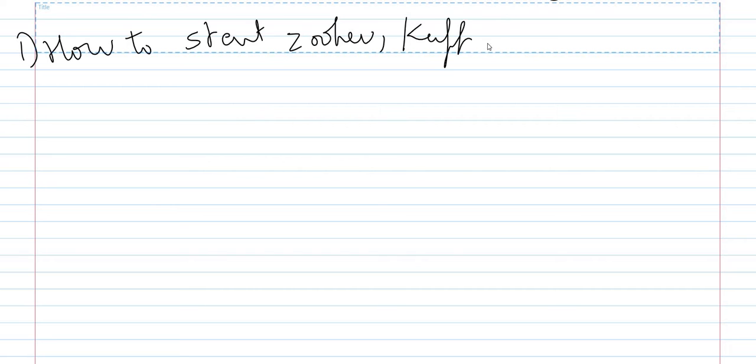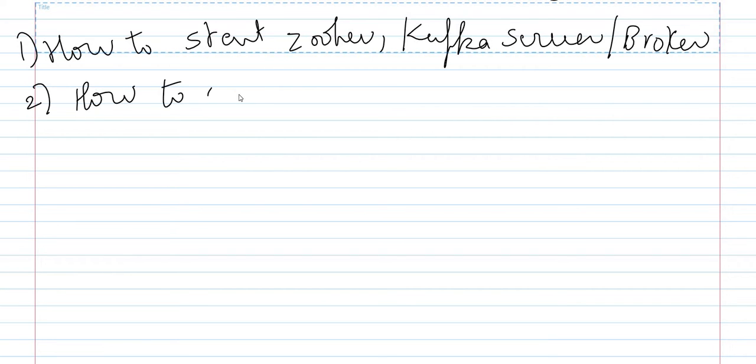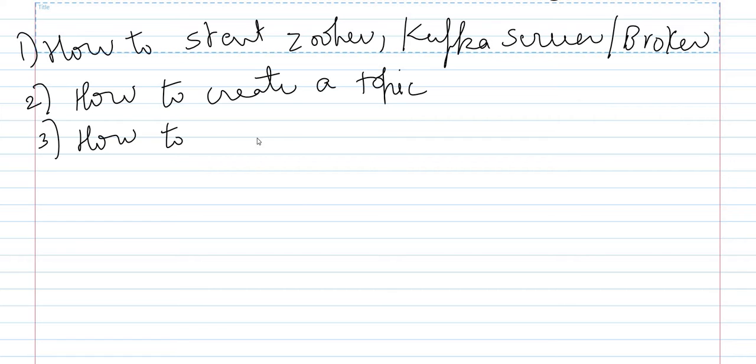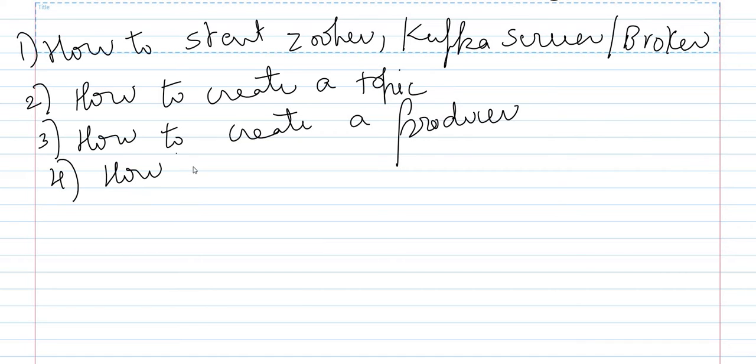So, in this session, I want to show you, number one, how to start Zookeeper and Kafka server or broker, and then how to create a topic, how to create a producer, and then how to create a consumer.